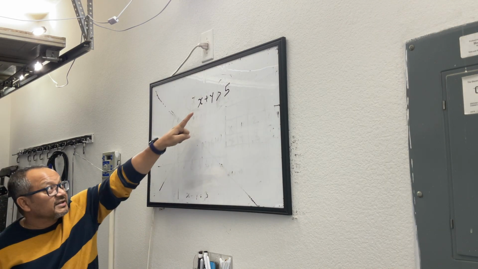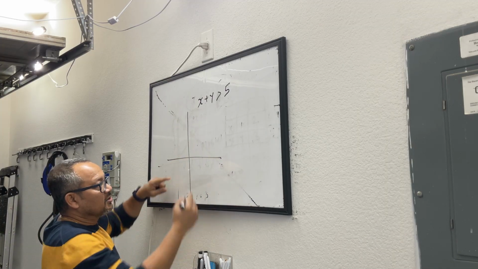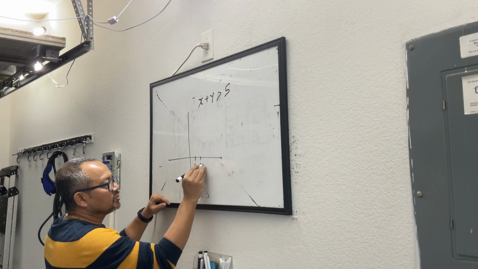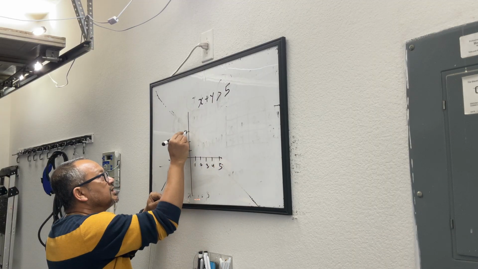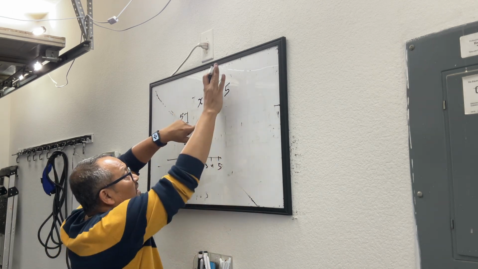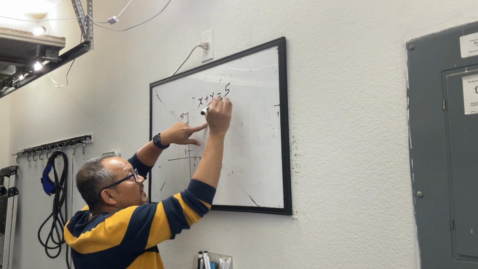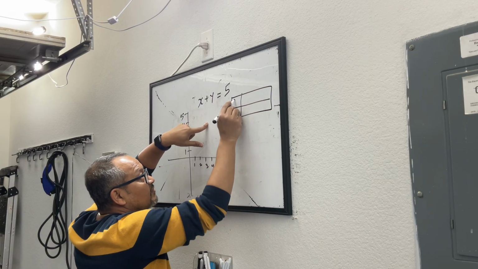And when you had this equation, what you did was you put a coordinate plane 1, 2, 3, 4, 5. 1, 2, 3, 4, 5. And when you are dealing with x plus y equal to 5, what you did was you created this table with x and y values.